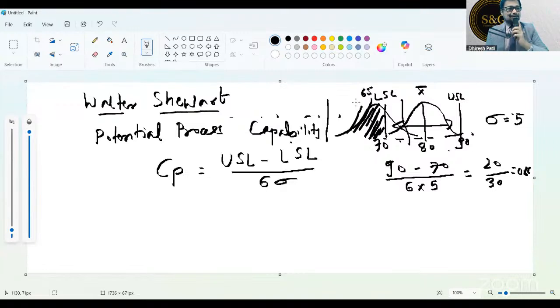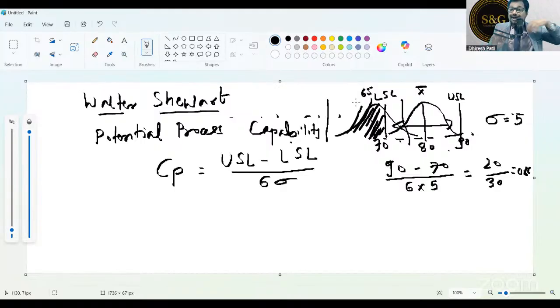Just type yes in the chat box. Are you clear? Everybody clear now? So the Cp formula is not capturing that shift in the mean. So what does Cp do then? Cp says it is the potential of the process. ये प्रोसेस का पोटेंशियल है. This is what you can achieve at maximum.